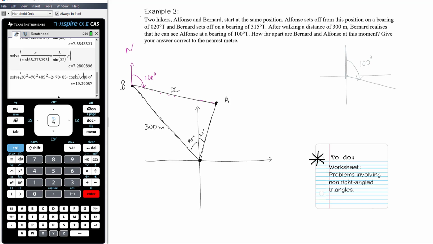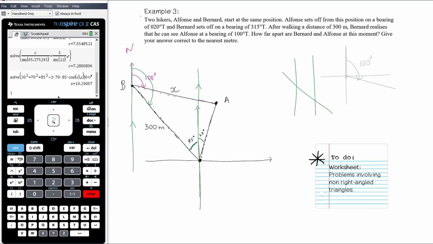Alright, again, not a right-angled triangle, so this isn't about SOH-CAH-TOA. Alright, so let's think about what we do know here. There's a number of different ways we could go about doing this, and there always is, it comes down to being able to use your angle properties. These green lines are parallel lines, okay? Which means that this 45-degree angle in here and this whole angle around here are co-interior angles.